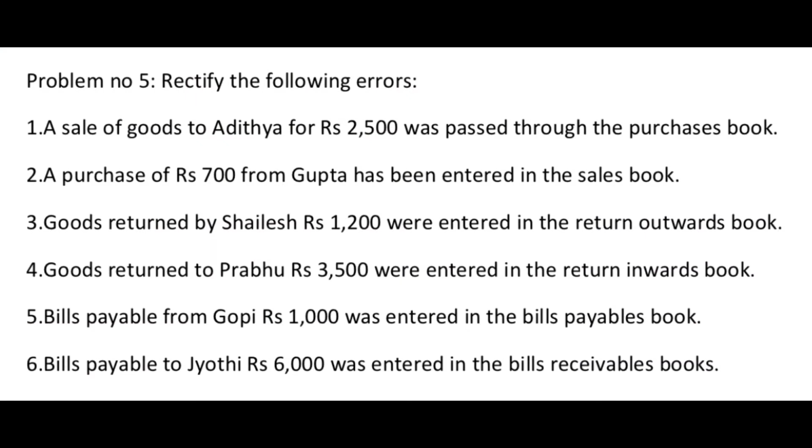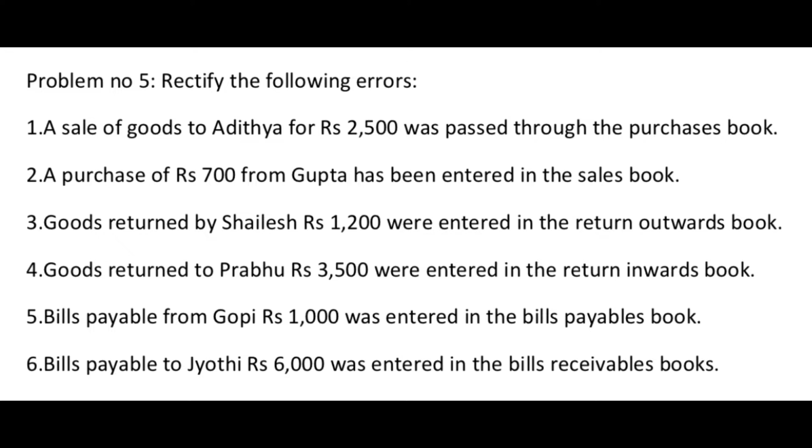Rectify the following errors. First one, a sale of goods to Aditya for 2500 rupees was passed through the purchase book. Second one, a purchase of 700 rupees from Gupta has been entered in the sales book. Third, goods returned by Shailesh 1200 rupees were entered in the return outwards book.